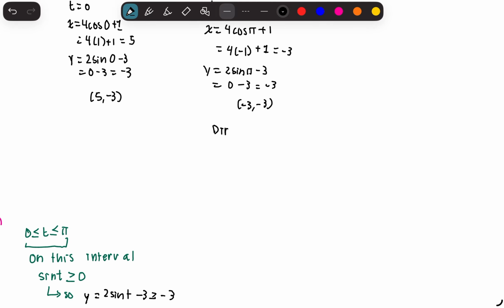Now finally, let's find our direction of motion. We can be strategic with this and we can use our middle value, which here would be t is equal to pi over 2 as an example.